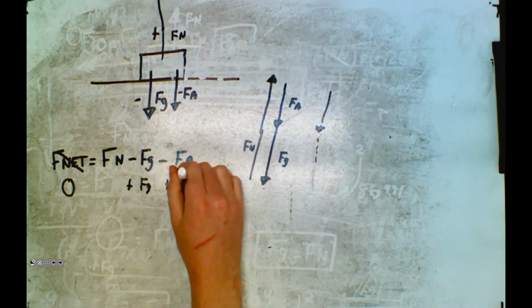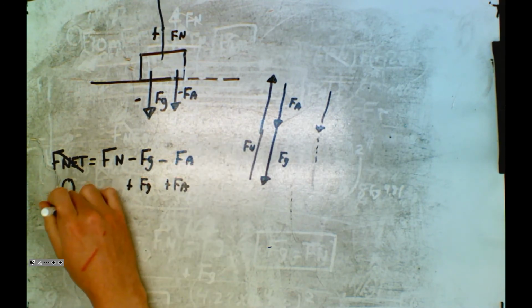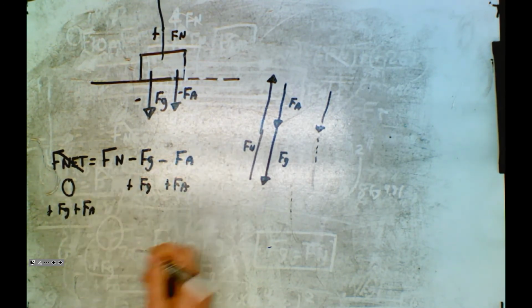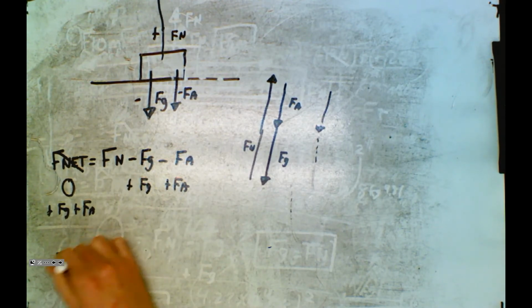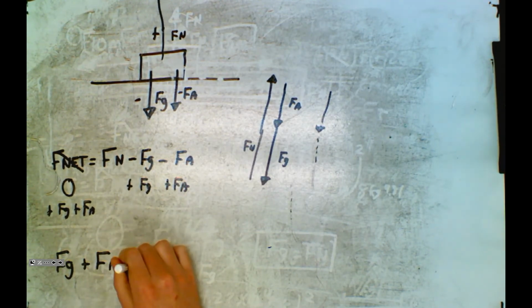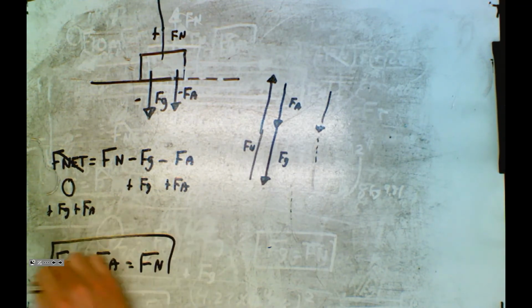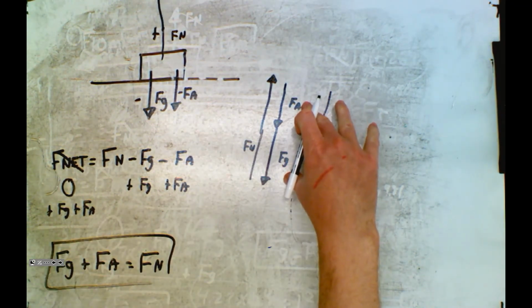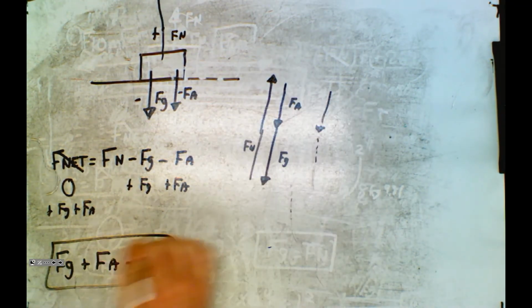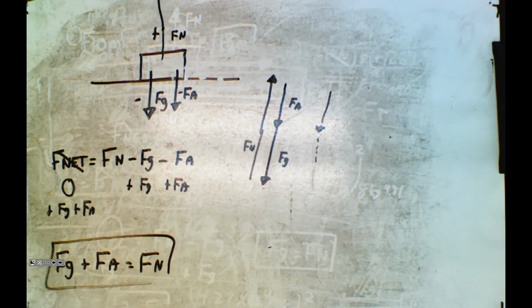We add these to each side, so plus force of gravity plus force applied. And what we end up getting is force of gravity plus force applied is equal to force normal. Well, that's exactly what we said. These two going down must equal this one going up. So this is what we get with our FNET equation.